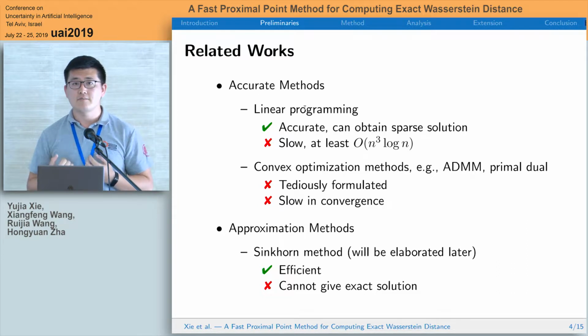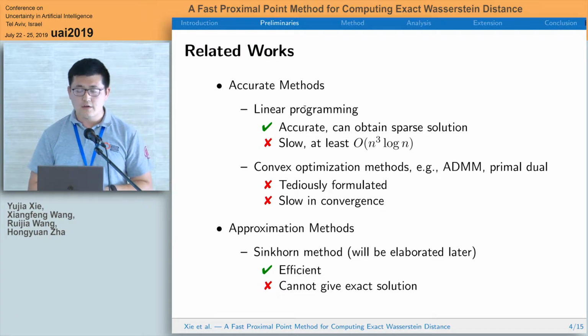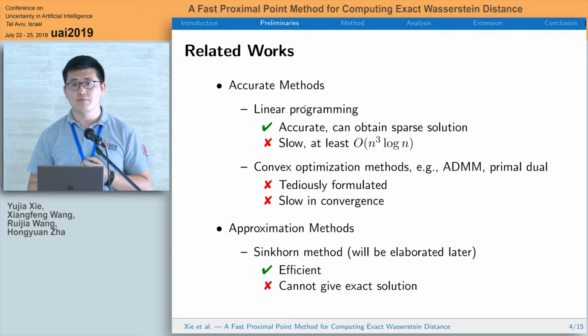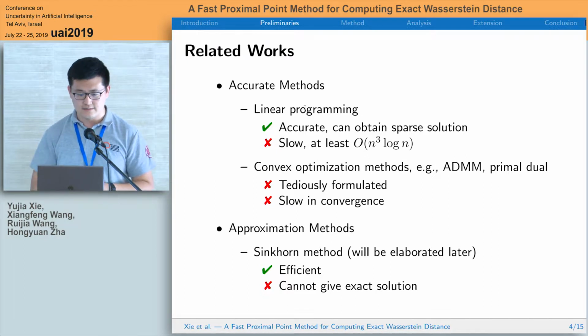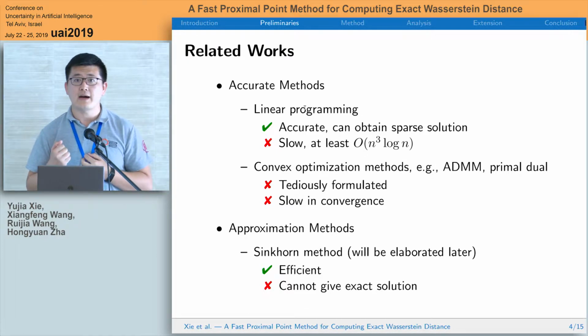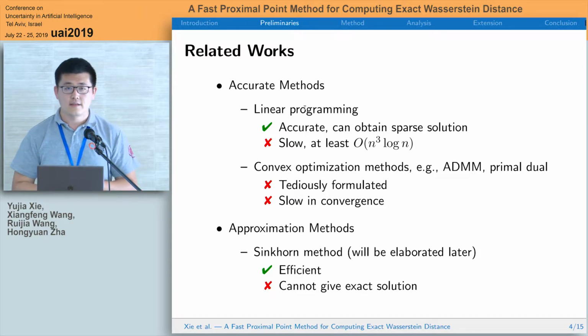However, the solution may be good, but the computational complexity is an important issue. Also, by considering this linear programming problem as a linear constrained convex optimization problem, we can use some primal dual type method to solve it, like ADMM. The disadvantages are also very obvious, like the tedious reformulation and slow convergence.